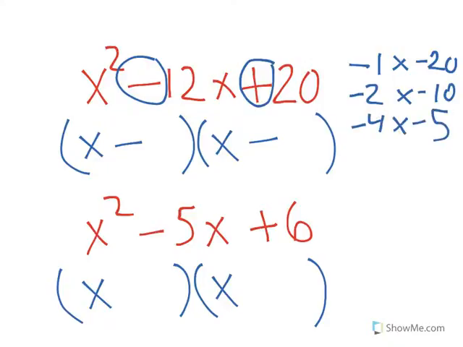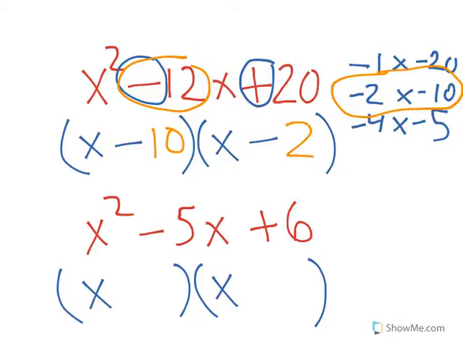And I think that's it. Now which of those two, when I add together, equals negative 12? Well, of course, it's going to be this one right here. So that's going to be a 10 and a 2. And the order doesn't matter here in terms of where the 10 and the 2 go, because both of them are going to be subtraction.